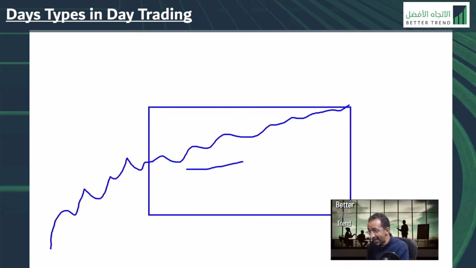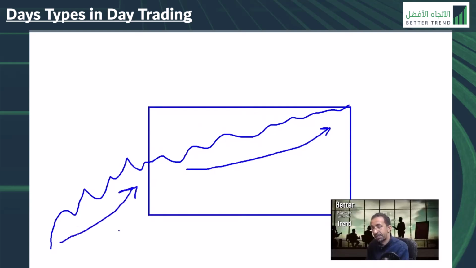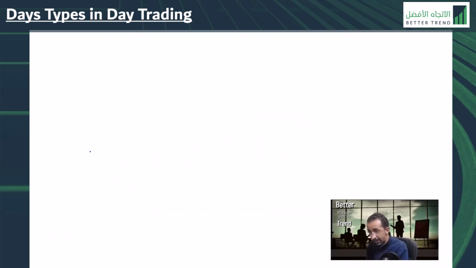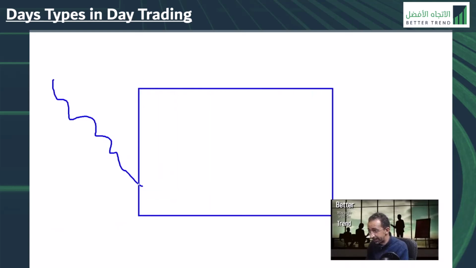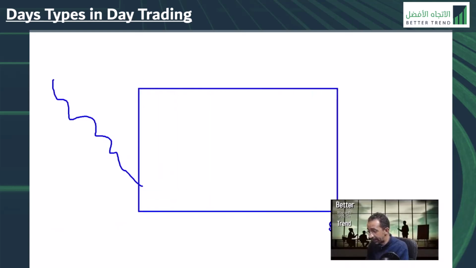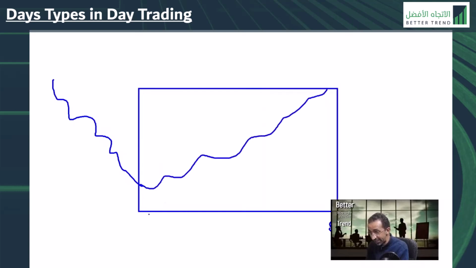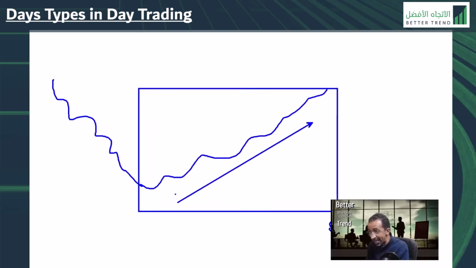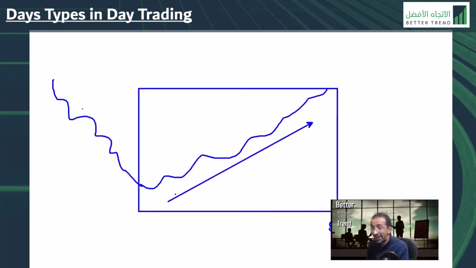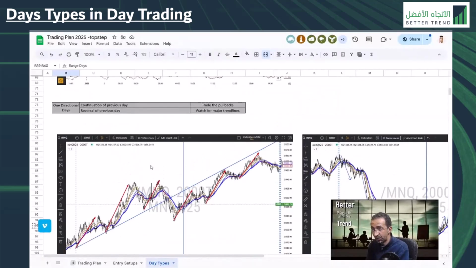So this is a one direction day, continuation of yesterday. The other one, if the market was going lower and they started until 8:30, it was a reversal, also a one direction day. As a day, it is a direction, but it was a reversal of yesterday.